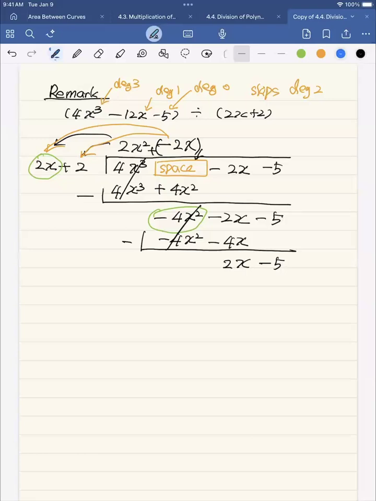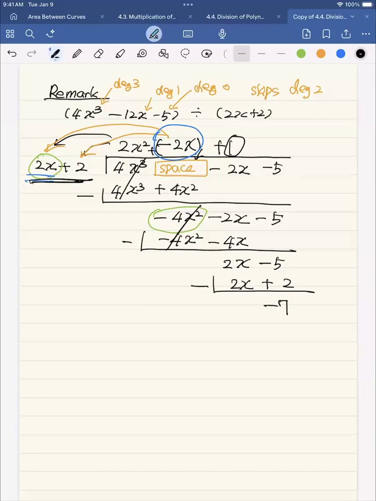And then we have to compare this number with this number again. Then we end up getting plus 1. And when we think about the multiplication with the divisor, we have 2x plus 2. And when we subtract, we have negative 7.